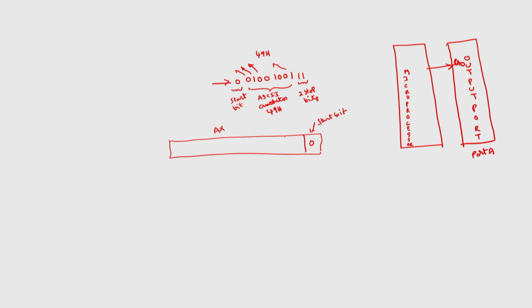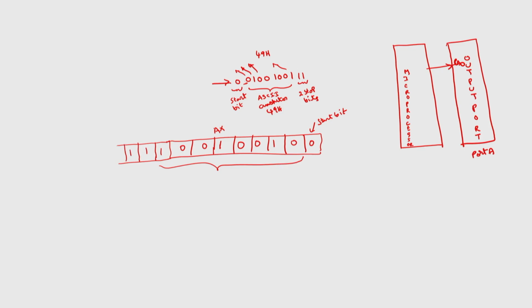Then the character bits are, the first bit will be 0 in this direction, then 1, then 0, 0, then 1, 0, 0, then 1. This is the start bit and this is the character, then we have 2 stop bits, 1, 1.